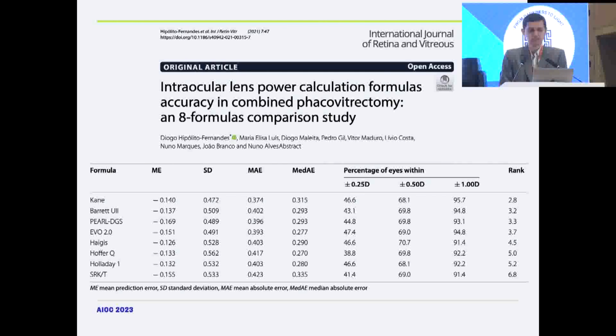So it's not really ranging much. There's not much of a clinical difference between all these formulae. You can choose more or less any formula which you prefer for your regular cataract surgery. My preference is the Barrett Universal 2. That is my go-to formula for most situations. So that is about the IOL formula.